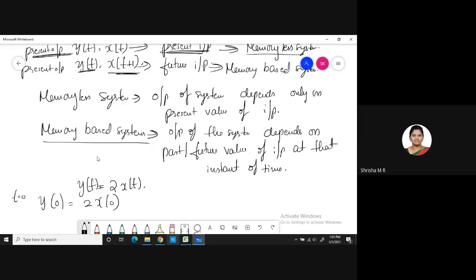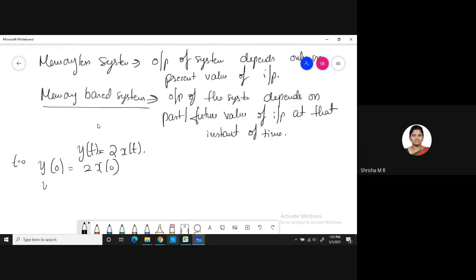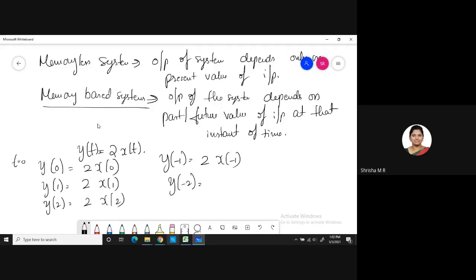And y of 1 is equal to 2 times x of 1, y of 2 is equal to 2 times x of 2, y of minus 1 is equal to 2 times x of minus 1, and y of minus 2 is 2 times x of minus 2.